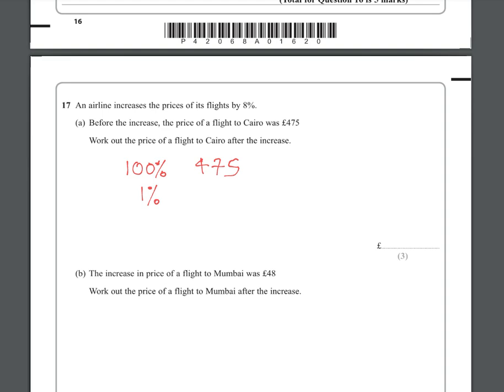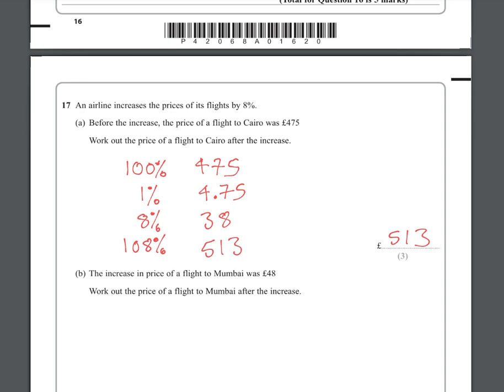So 1%, we're going to divide that by 100, so we get 4.75. So 8% is 8 times that. 8 times 5 is 38. So the price after the increase is actually 108%, which if I add the 38 on to 475, 513.